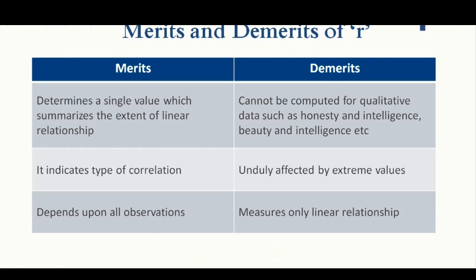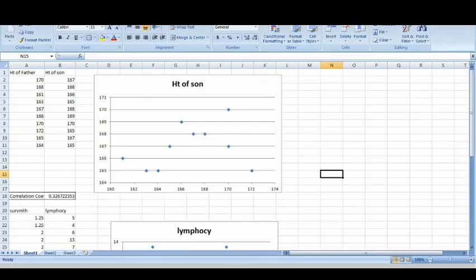Now before moving on to the next slides, I would like to show you some examples or situations where we can get an idea of the scatter diagram as well as the correlation coefficient. Here is some fictitious data of height of father in centimeters and height of sons, elder sons you can say.